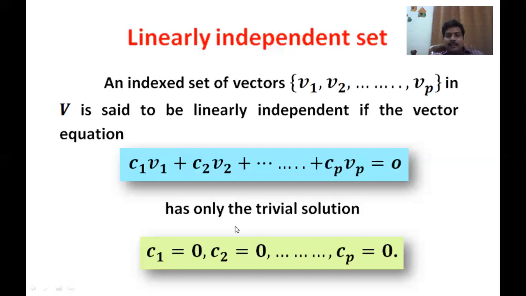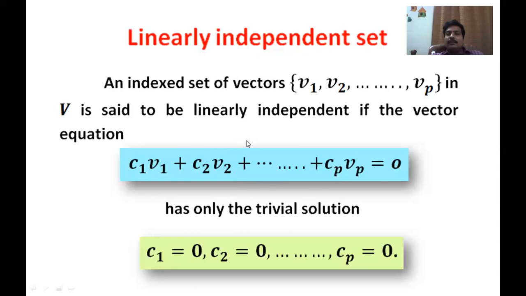But in this other case, you can't find such scalars. For example, v1 is a pen and v2 is a pencil, and c1, c2 are scalars. For whatever c1, c2, you can't get a O. Of course, you have to define O also in your set of objects; that should be a vector space.